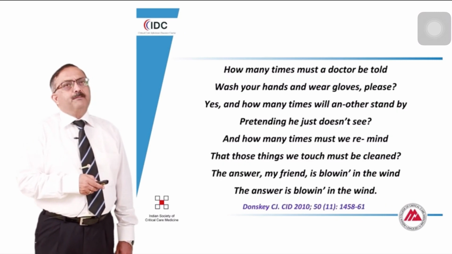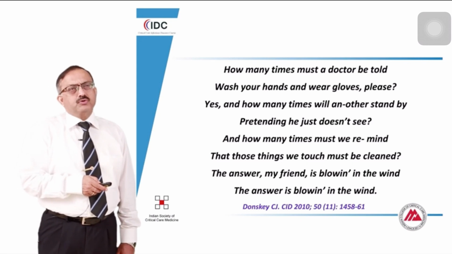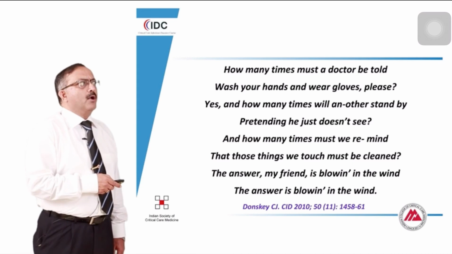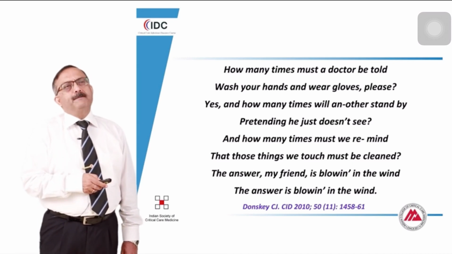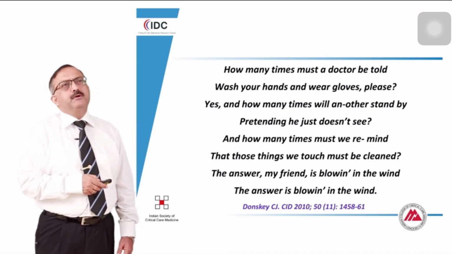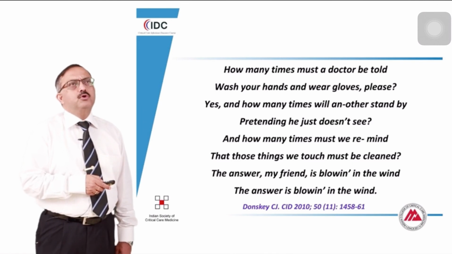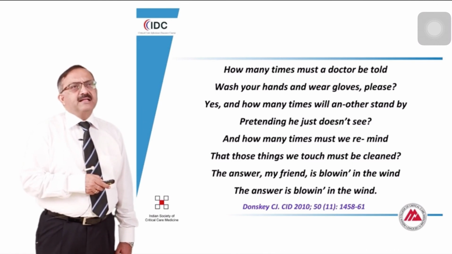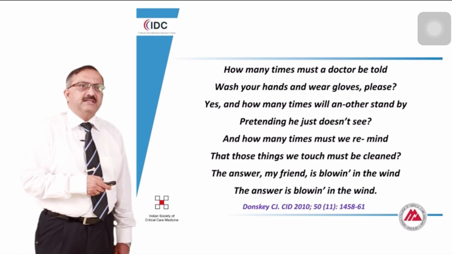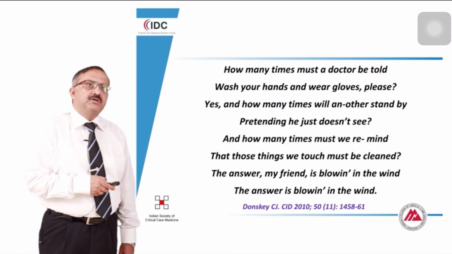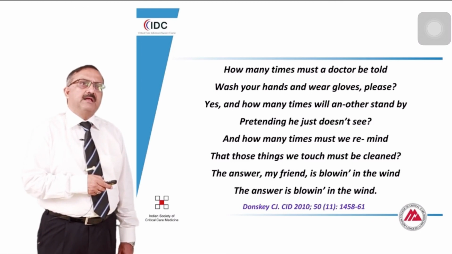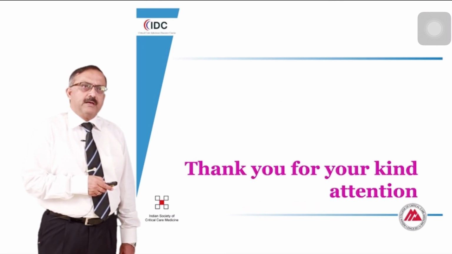Finally, it is important to mention that all those taking care of critical care patients and working in the ICU must not hesitate to tell somebody who is not following the protocols to do it correctly, because compliance has to be ensured. Only then can we ensure that infection in the intensive care unit is controlled and care of critical care patients is taken appropriately. Thank you very much.